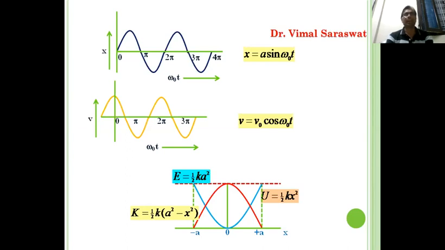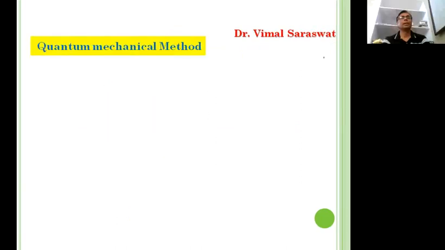So here we end our classical part of simple harmonic oscillator. Now we will discuss its quantum part. So how will we solve the simple harmonic oscillator problem by using quantum mechanics? So, the quantum mechanical method, eigenfunction. The square of the magnitude of wave function or eigenfunction provides us the probability of finding the particle at a particular time.